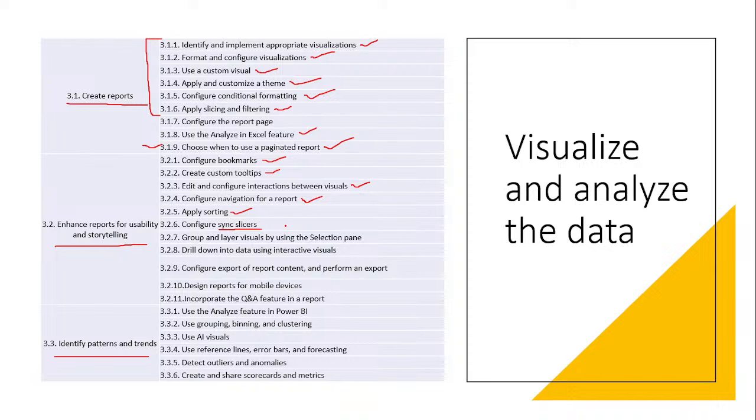We will see how to move on with those slicers. Then grouping, layer your visuals by selecting the selection pane. This is a feature available in Power BI. How to use that is given in grouping and layering the visuals.